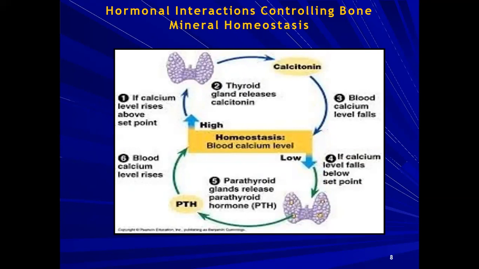What happens is that if calcium level is above a set point, the thyroid gland will release calcitonin, and this calcitonin will make the calcium levels come down, preventing the calcium in the blood from going high.